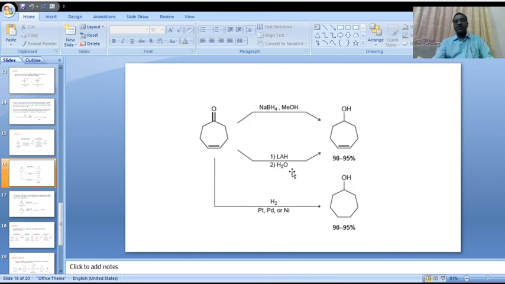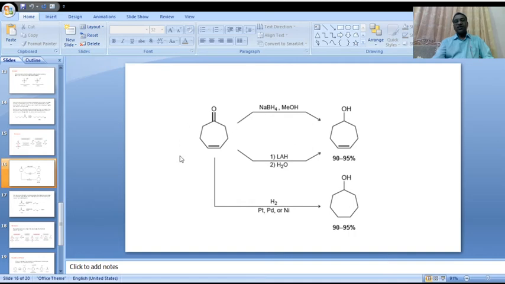In water solvent, we get the same percentage, 90 to 95 percent yield, of monohydric alcohol from this reaction, based on these particular reducing agents.